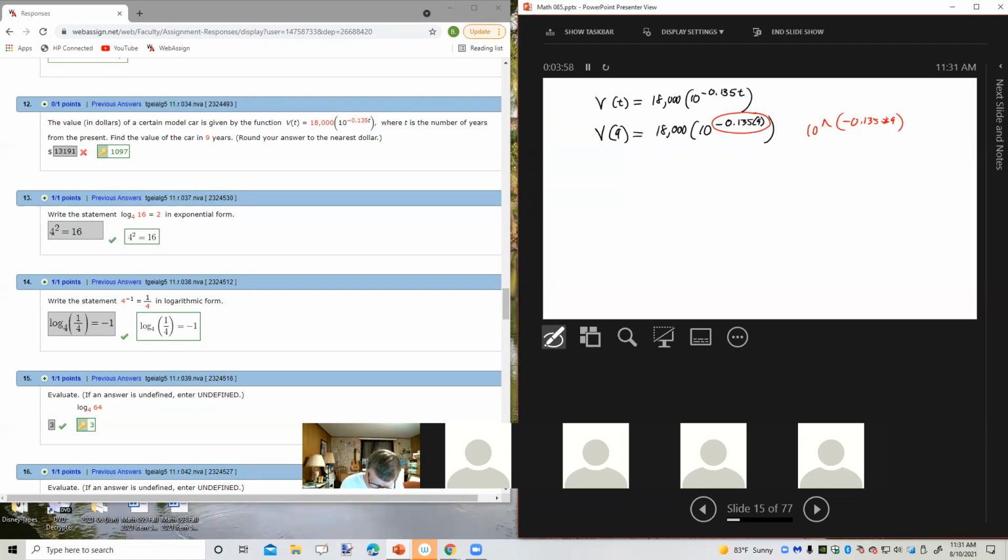I get V of 9 equals 1097.166415. And it says to round to the nearest dollar. And let's see, the present value in dollars. So basically this is dollars. So rounding to the nearest dollar would be 1,097, because this would round down, $1,097. Okay with that?